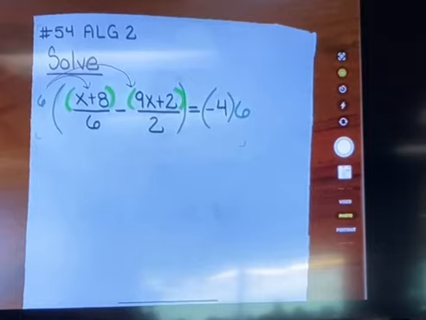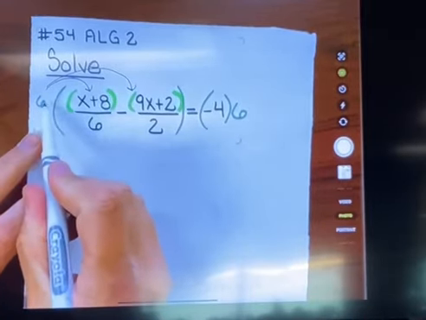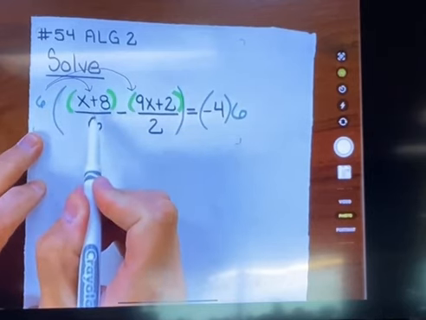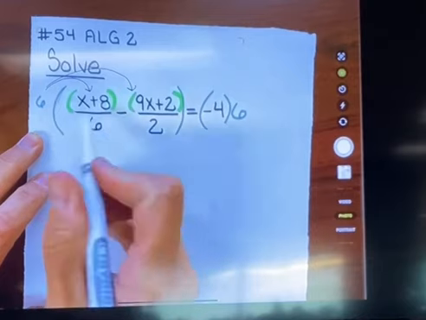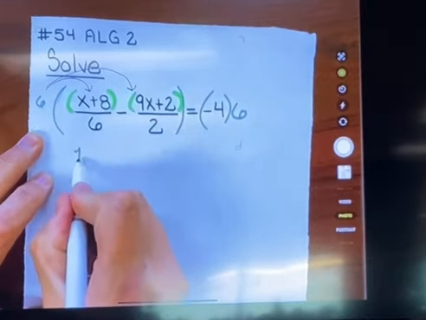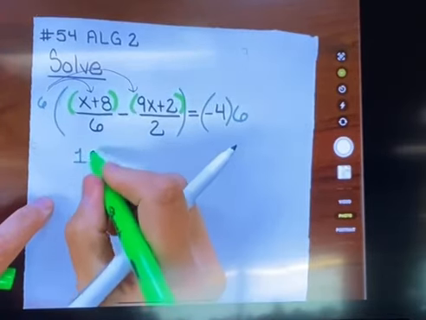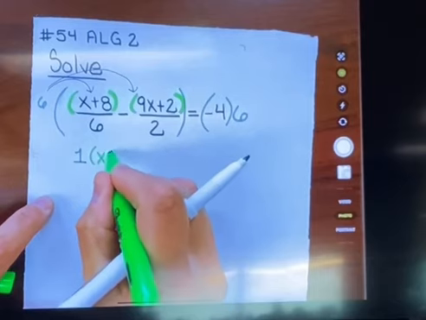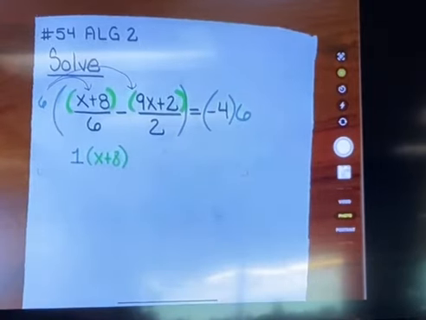So if I multiply these together, just a second. When I multiply 6 times this first fraction, remember whatever is in the denominator you're dividing by. So the 6 divided by 6 is 1. And then I still have in parentheses x plus 8.